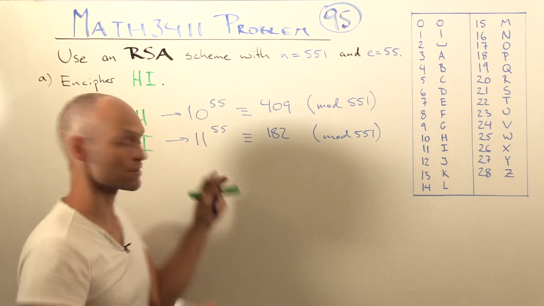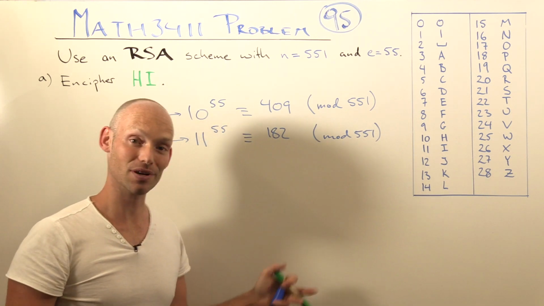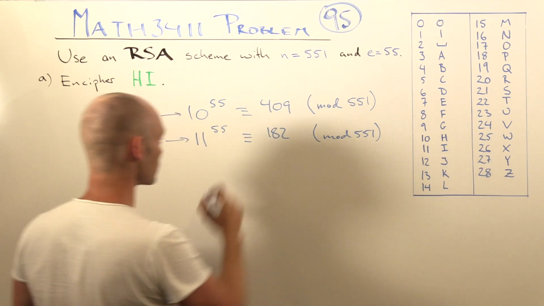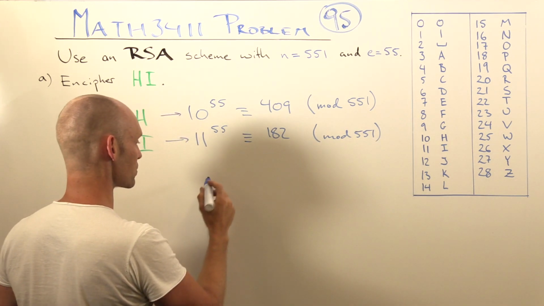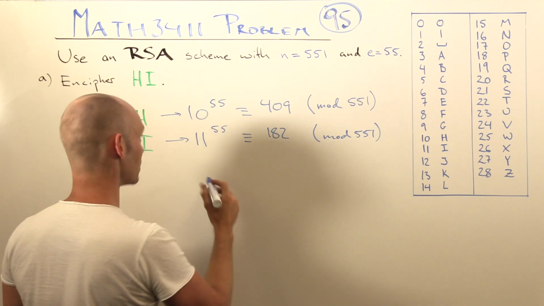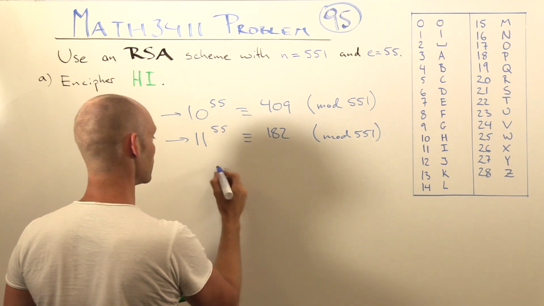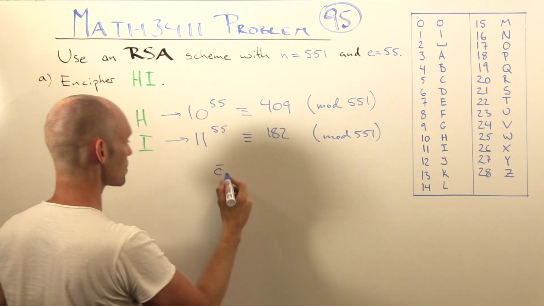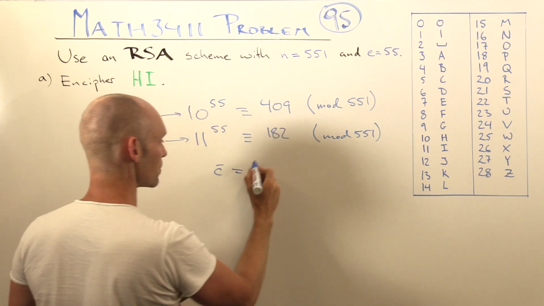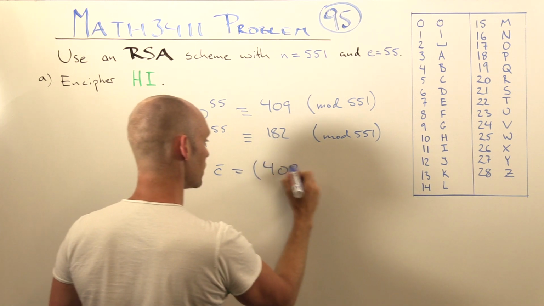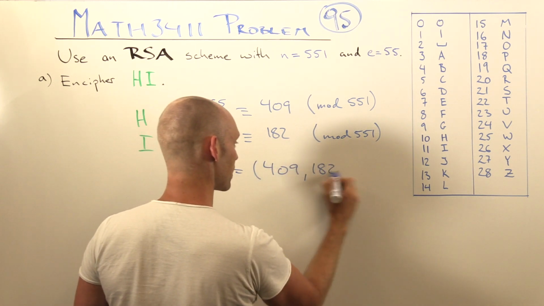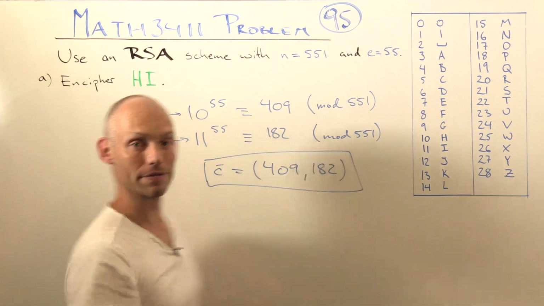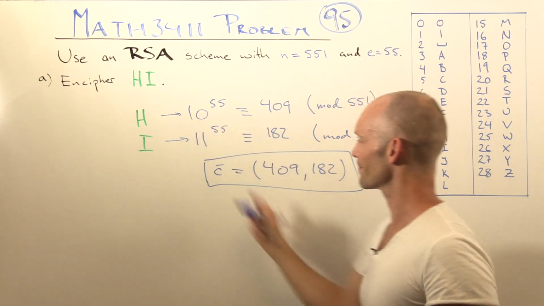You can work that out by hand if you have a bit of time, otherwise just use a calculator. This is not too hard or laborious to do. This gives us our enciphered message, "hi", and that will just be these two numbers here, 409 and 182, and we have enciphered our message. There it is.